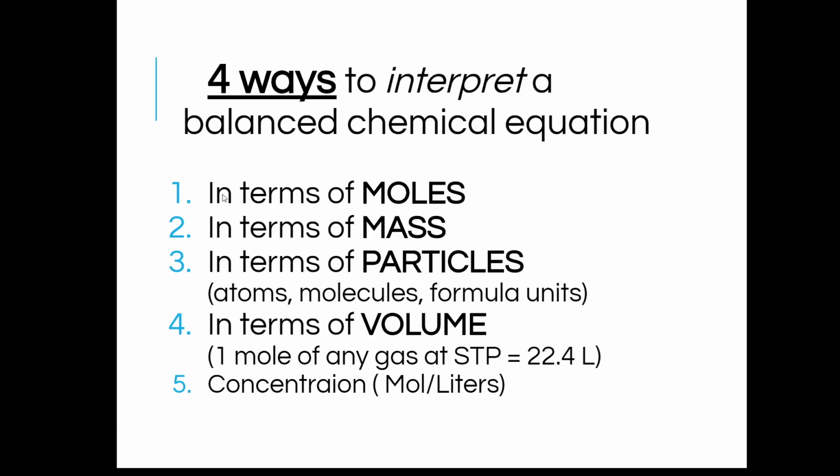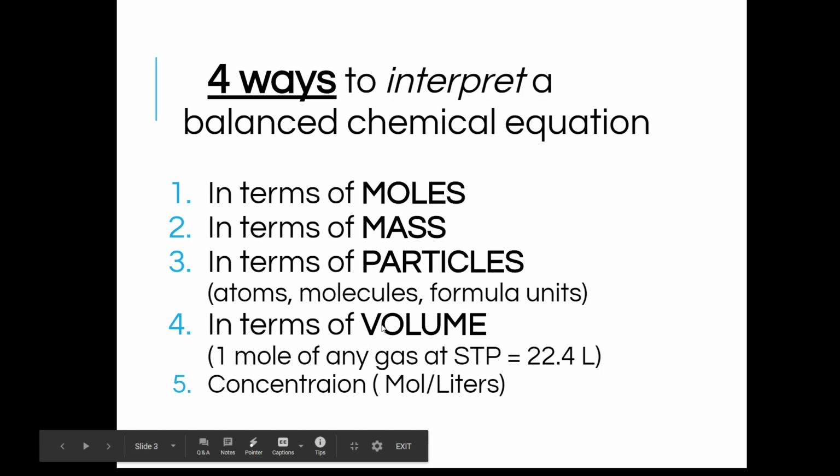And some of these are going to be more important than others. So for instance, it's really difficult for us to actually count the number of moles in a compound in a reaction, but it's really easy for us to go ahead and measure mass. It's absolutely impossible for us to measure particles, but volume is something that we're able to do quite easily.